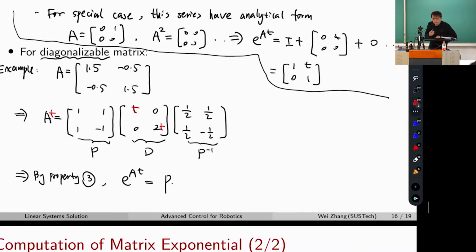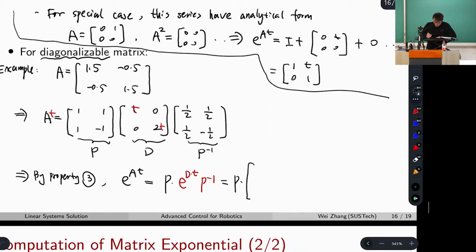For any given t, if A can be factored like that, this will hold. So that will be e to the Dt times P inverse, which will be P times [e to the t, 0; 0, e to the 2t] times P inverse.